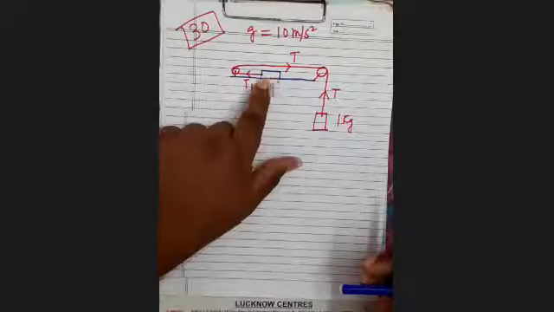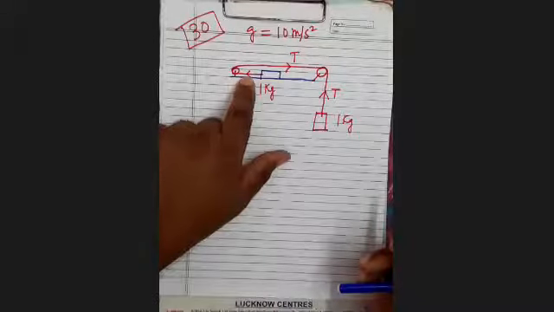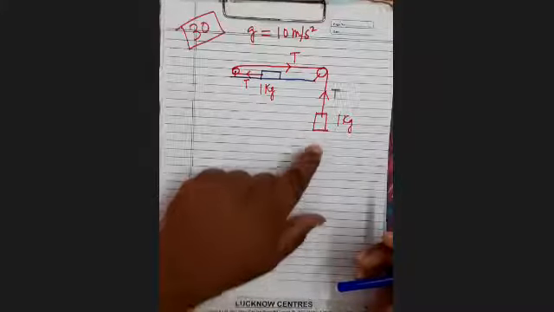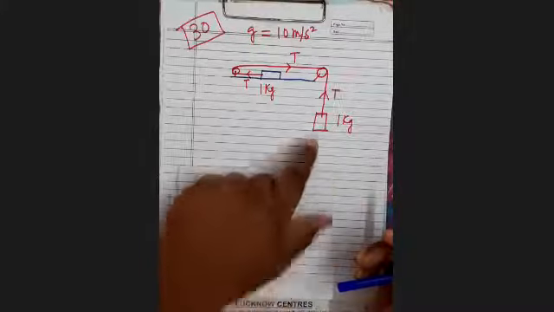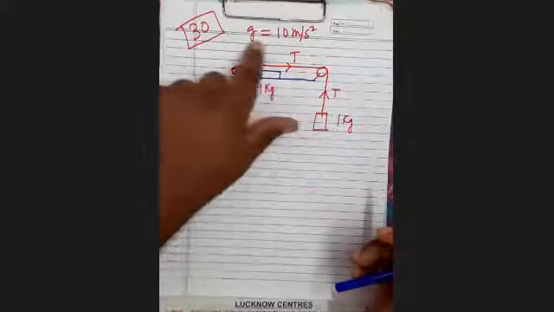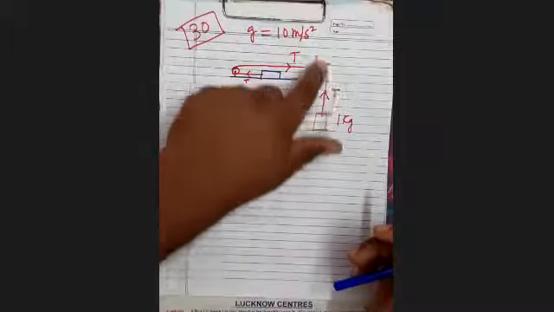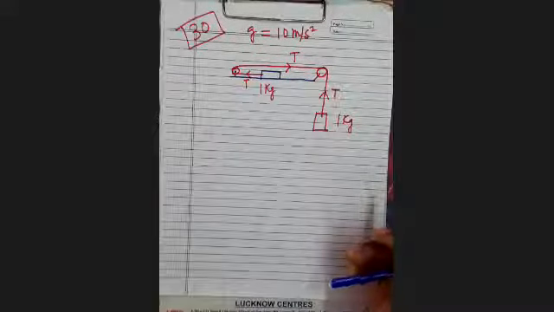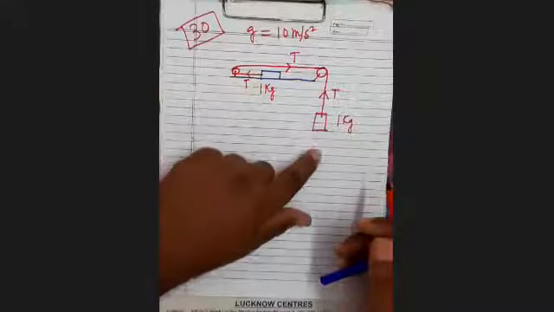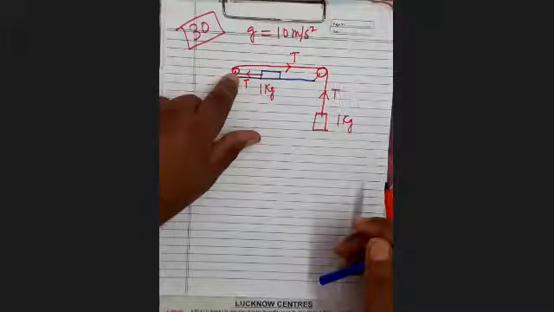If it moves x distance ahead, this will also move x distance down, because they are directly connected. It's clear?